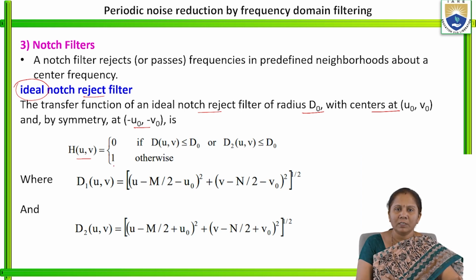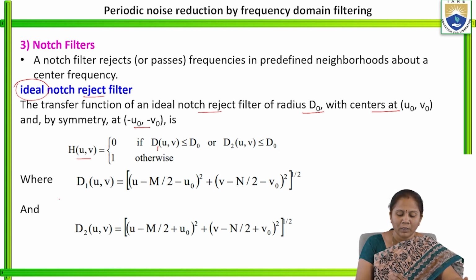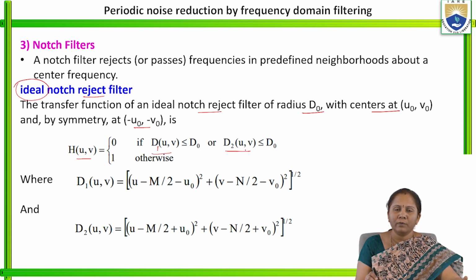So H of u comma v is equal to 0 if D1 of u comma v is less than or equal to D naught, which represents the radius, or D2 of u comma v is less than or equal to D naught. What are D1 of u comma v and D2 of u comma v? D1 of u comma v is equal to [(u minus M by 2 minus u naught) whole square plus (v minus N by 2 minus v naught) whole square] whole power 1 by 2.